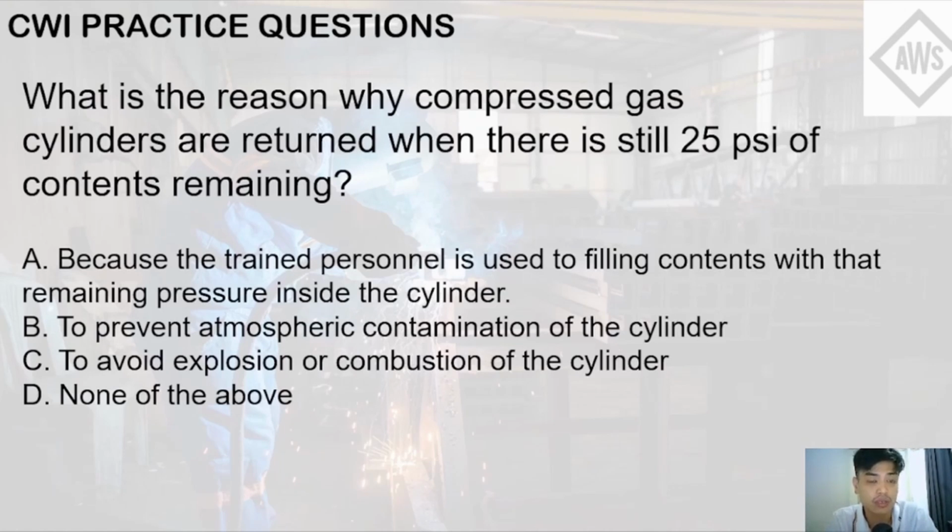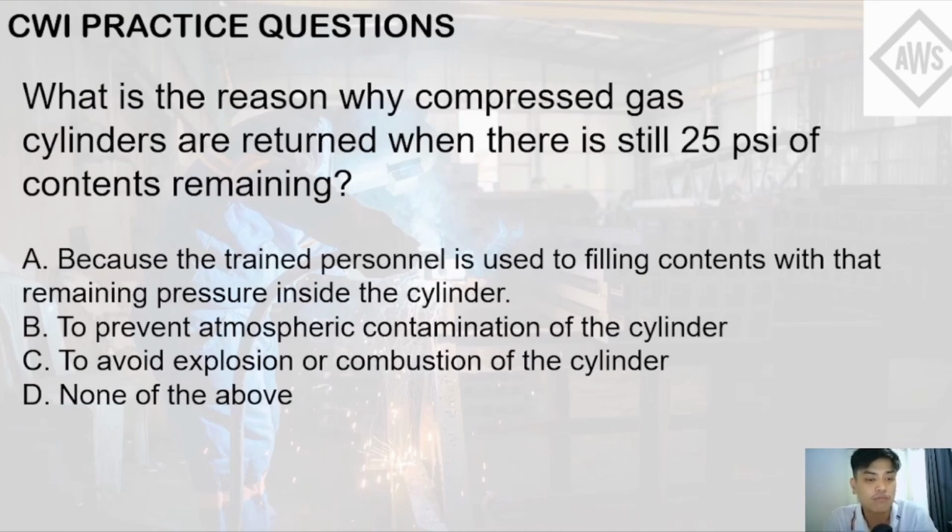But the question here is, what is the reason behind it? Letter B, to prevent atmospheric contamination of the cylinder. This is a good answer because if you have pressure contained in that cylinder, the atmospheric gases will not be able to enter it, because the pressure of the atmosphere is 14.7 psi. So it will not be able to contaminate the contents of the cylinder.